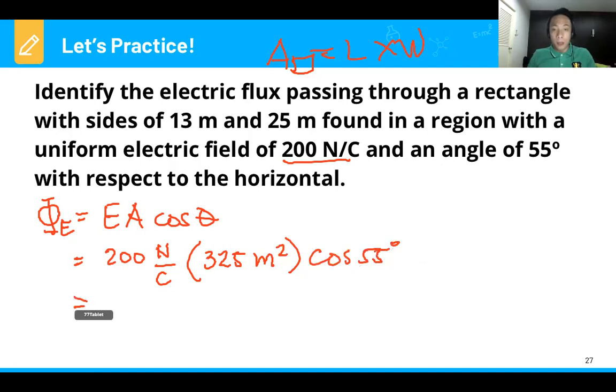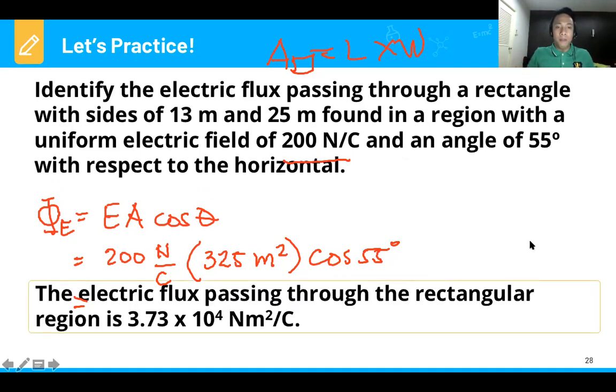You need a scientific calculator to find the answer here. If you multiply all those, we have an answer which is 3.73 by 10 raised to 4 newton meter squared over coulombs.